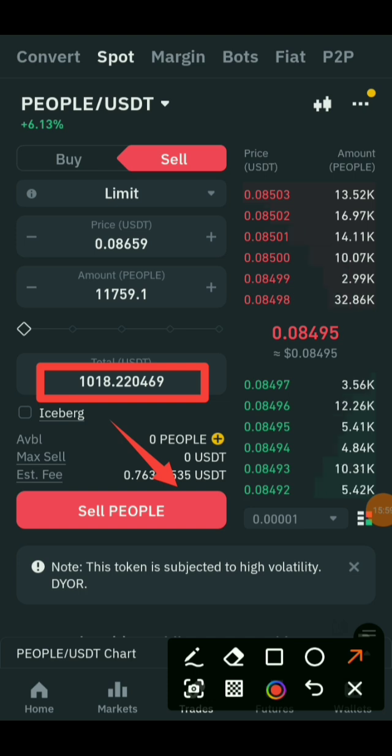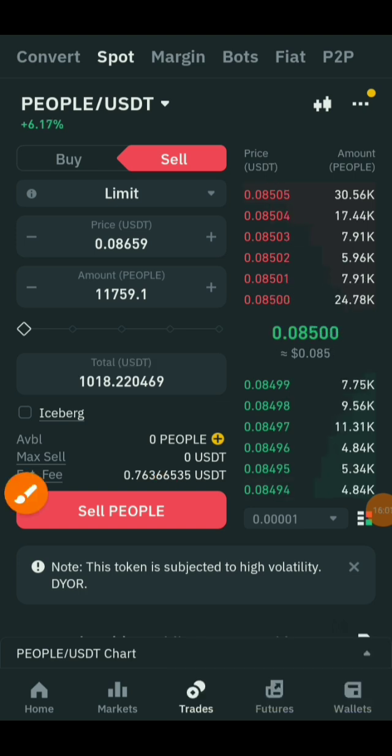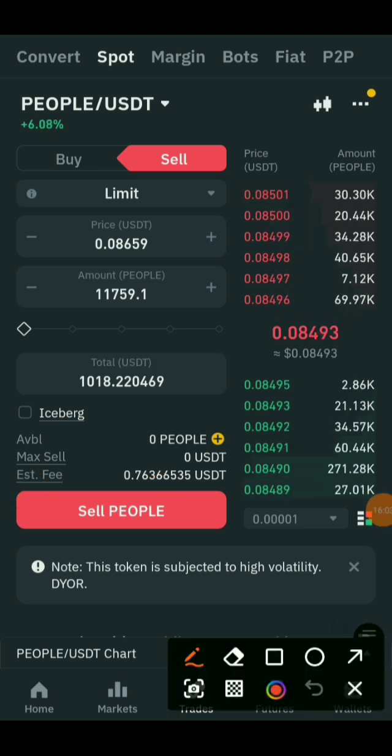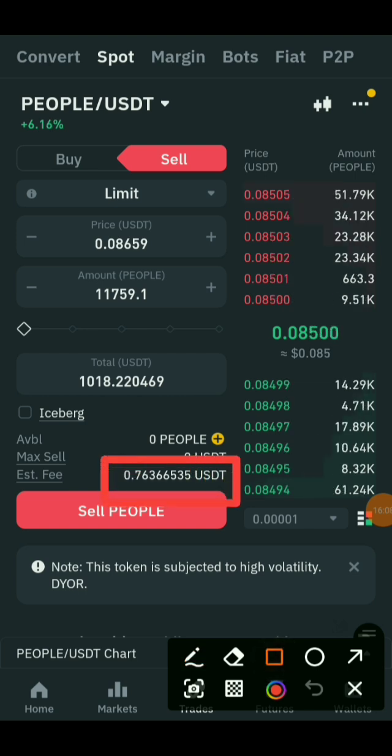This is what Binance is going to charge you. So you see it's insignificant with respect to the profit we've just made. When buying, they are going to deduct this money, and when selling, they are also going to deduct this money. So you're roughly going to end up with, let's say, 1016 or 1017 with some cents.